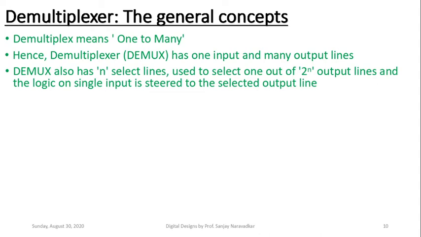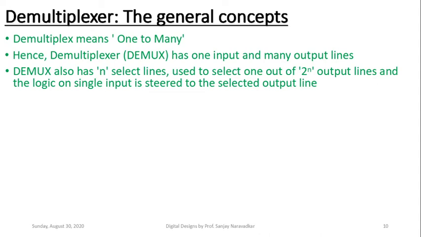And then the logic available on that single input line is steered to that selected output line. There is only one input line. There might be some logic 0 or 1, whatever. Once that particular output line is selected by using the select lines, the logic on that single input line will be steered, that will be connected to that selected output line.